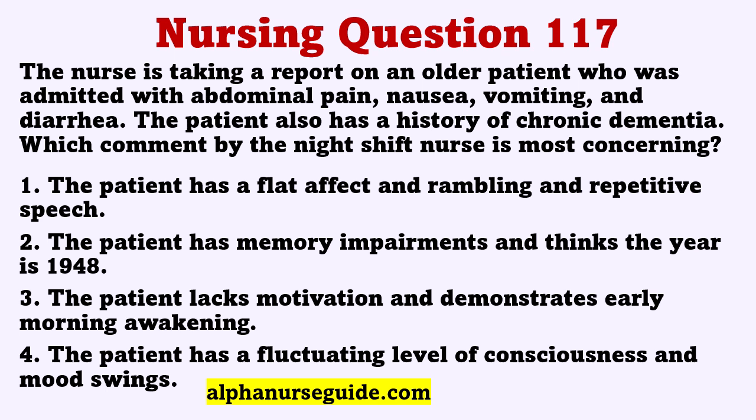However, based on knowledge of pathophysiology, the nurse knows that flat affect in rambling and repetitive speech, memory impairments, and disorientation to time are behaviors typically associated with chronic dementia. Lack of motivation and early morning awakening are associated with depression. A sudden change in the level of consciousness and mental status of a patient signals a need to conduct further assessment for an acute process. This question requires the ability to differentiate between acute and chronic disease processes and accompanying symptoms.